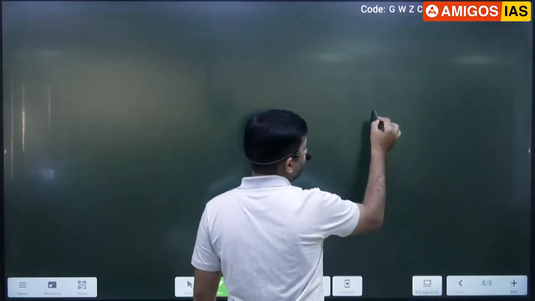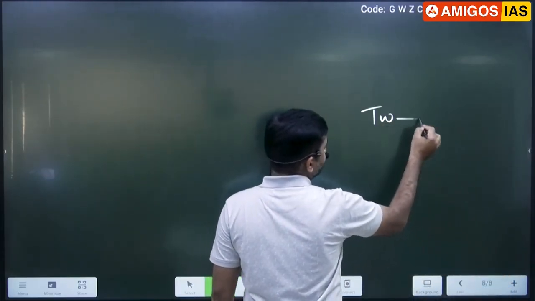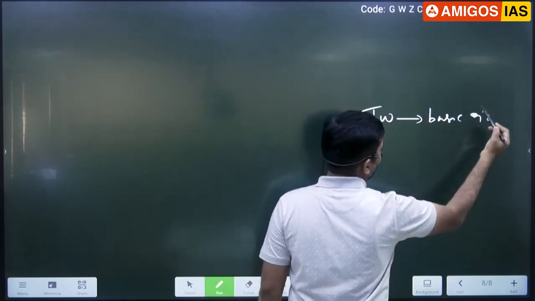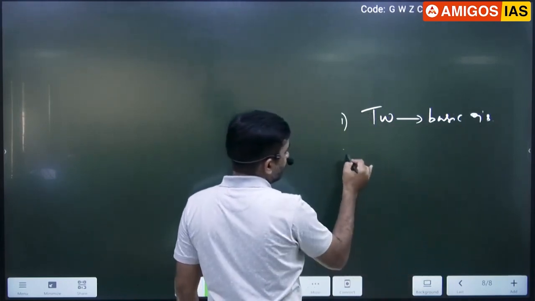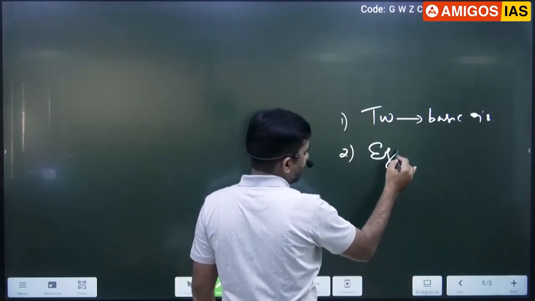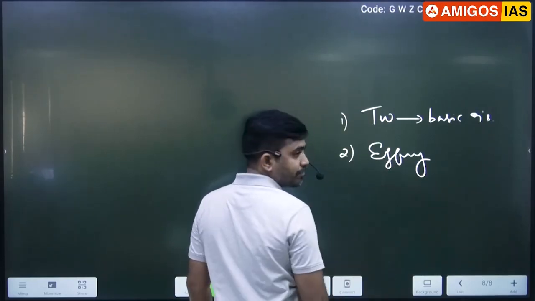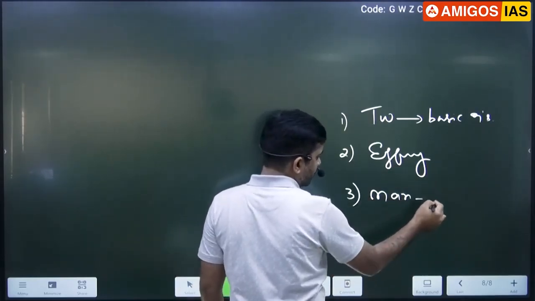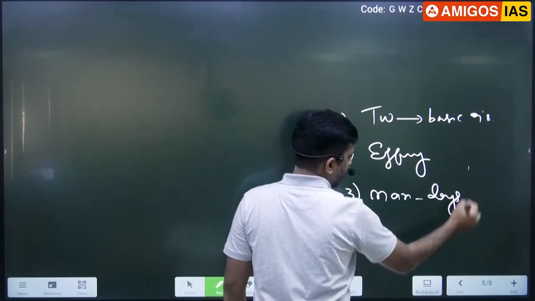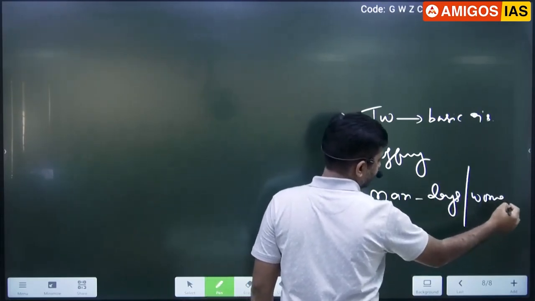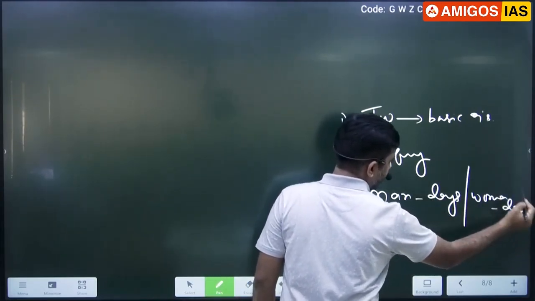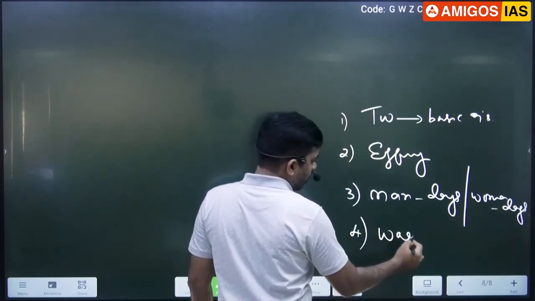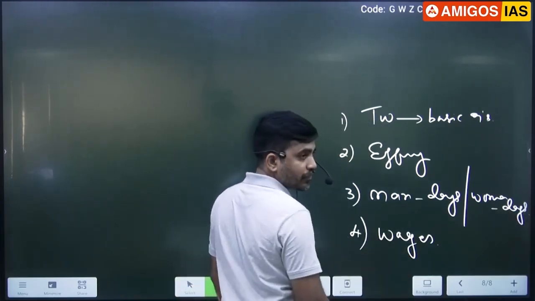Chalo, in this time and work, we will discuss time and work basic questions to develop the concepts, okay? Second one is questions based on efficiency. There is an important concept called man days concept. Man days or woman days, okay? We will discuss this. Fourth one is called wages.